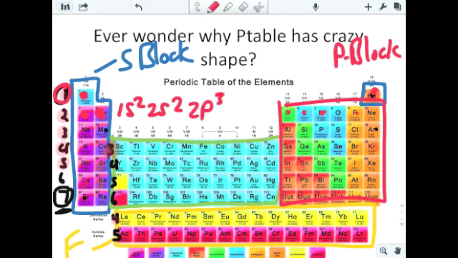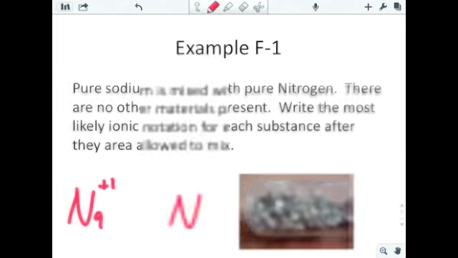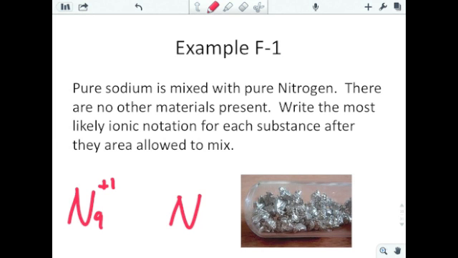Is it closer to helium, or is it closer to neon? Well, neon's only 1, 2, 3 away. So is it more likely to lose 5 and become like helium, or gain 3? The easier is to gain 3. So in our example, it gains 3 electrons, so it becomes more negative by 3, so it's minus 3. That's what's more likely, because it's easier for it to gain 3 than it is to lose 5.